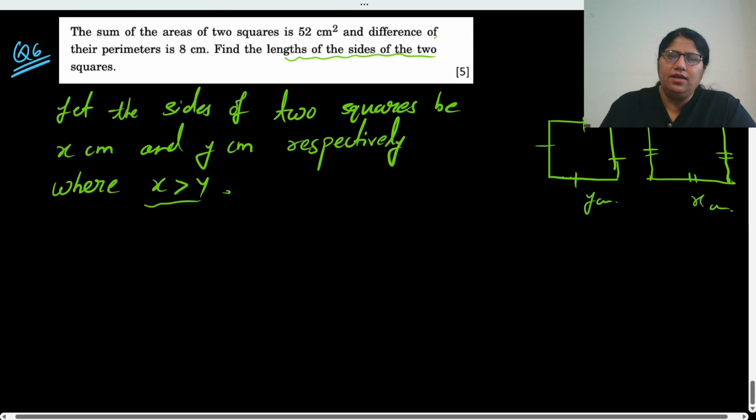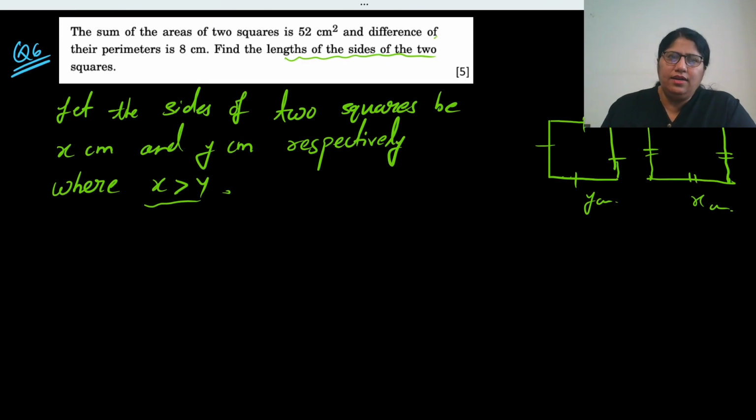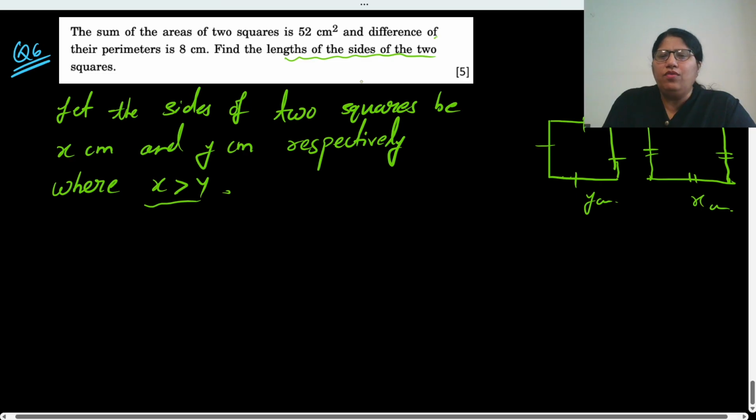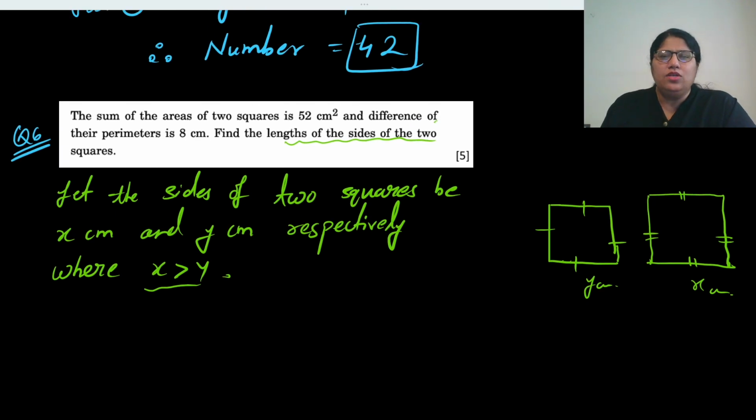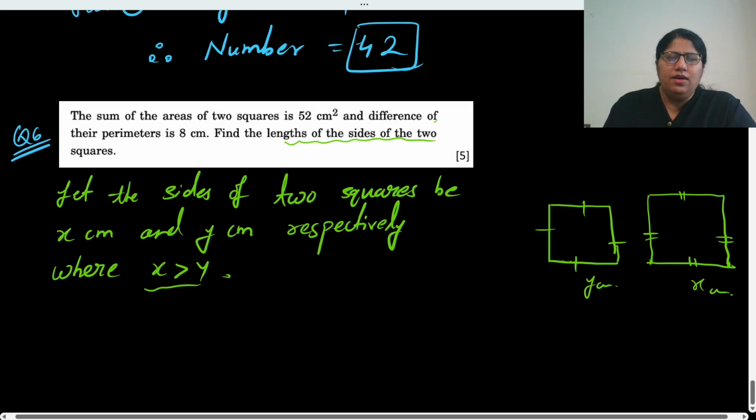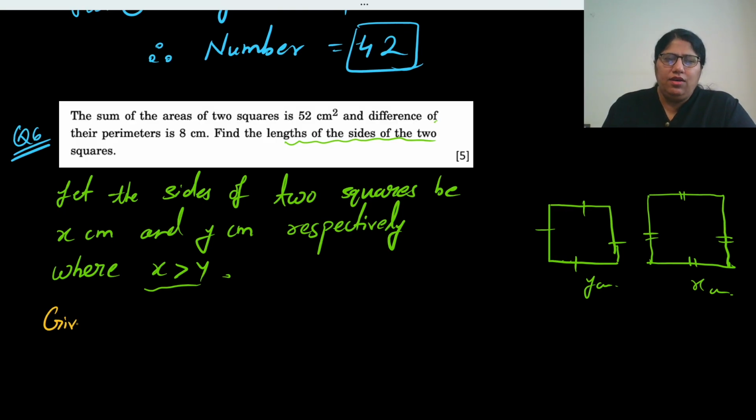Then what is given here? You know that the sum of the areas of these two squares is 52 square centimeter. So as per the given question, if you want, you can write down here the area of a square. It's not given, but you can write down the formula here if you want. Otherwise, you can also frame the equation directly.